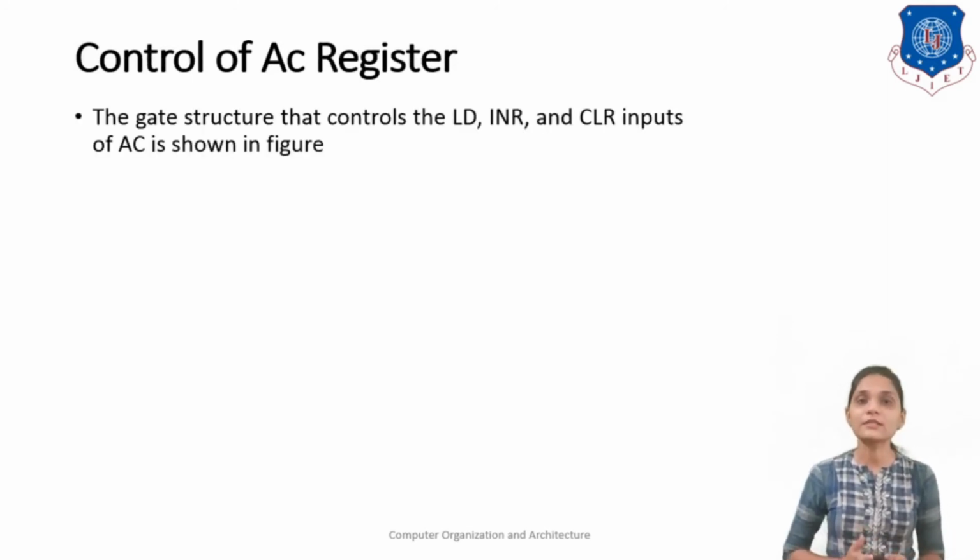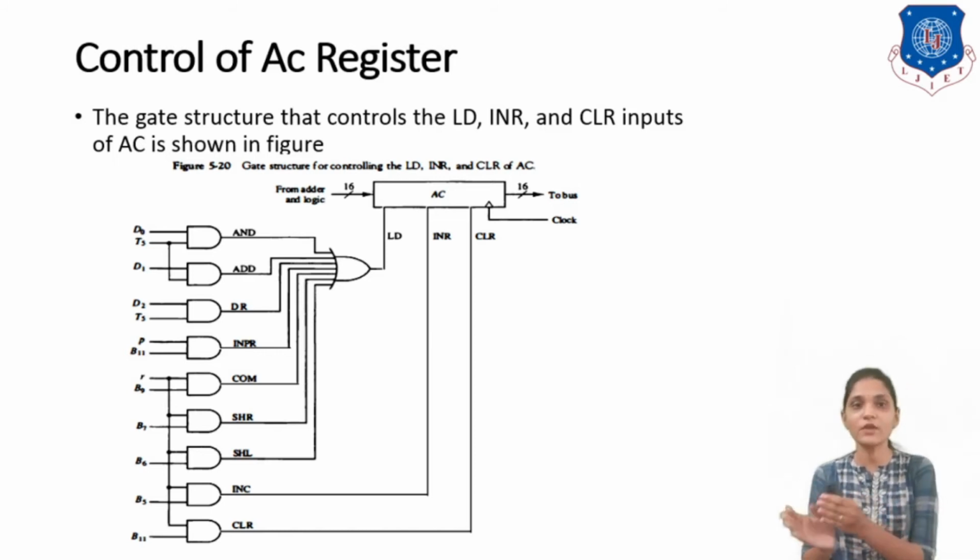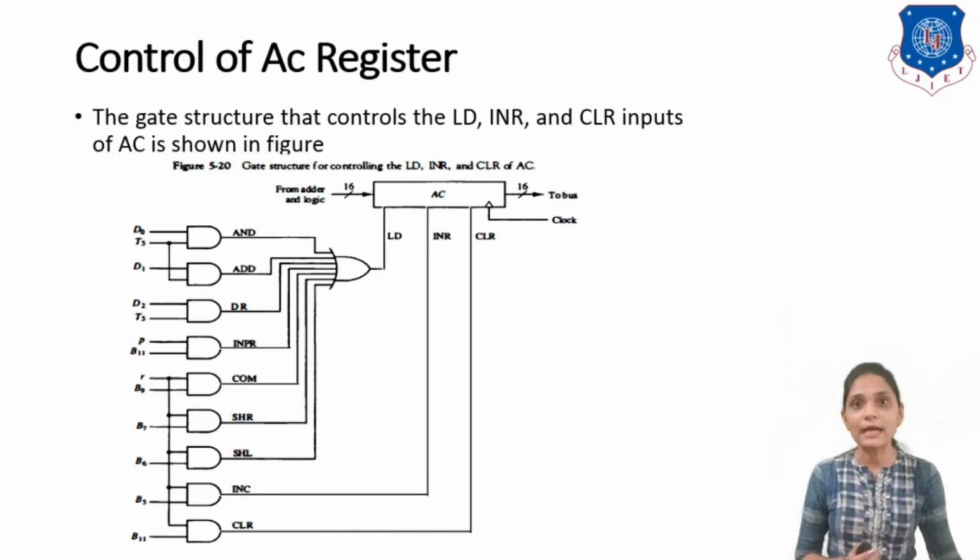So the gate structure for the control of LD, INR and CLR input of the accumulator can be shown like this. We have to load some content or increment the content or clear the content of the accumulator depending upon the condition that we have seen in the last slide. Okay, so here we can see that when there is an AND operation, that is, your condition is D0 T5. If it is the add instruction, that is D1 T5.